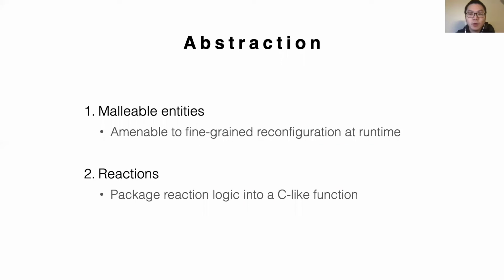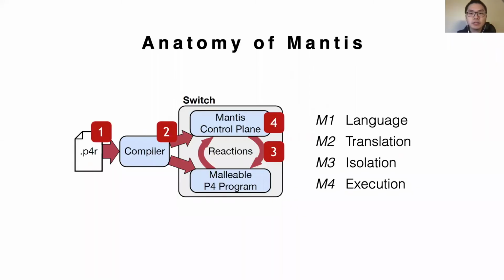There are two core abstractions underlying Mantis. The first is malleable entities, which is a set of primitives that are amenable to runtime reconfiguration. The second is reaction, which packages the fine-grained reaction logic into a C-like function. For the rest of the presentation, we'll walk through each component of Mantis by taking a top-down approach.